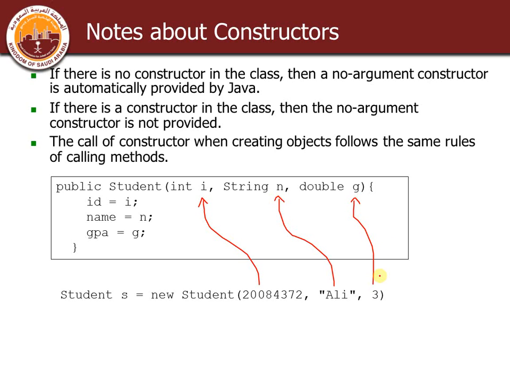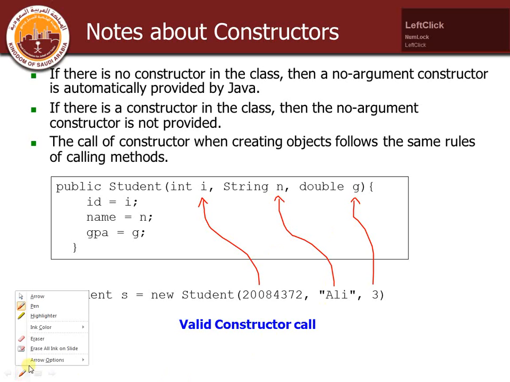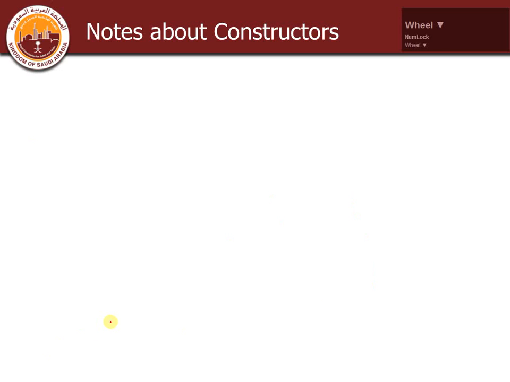It is going to be converted, typecast. So this is a valid call, even if this is an int. Since the parameter's data type is double, an int can be put inside of a double, while the opposite is not true. I cannot put a double inside of an int, but an int inside of a double is permissible. So this is a valid constructor call.